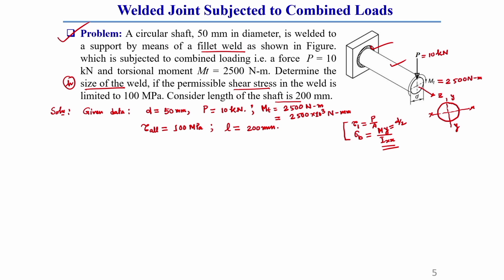Apart from these, there is another shear stress due to MT, which I am representing as tau 2.